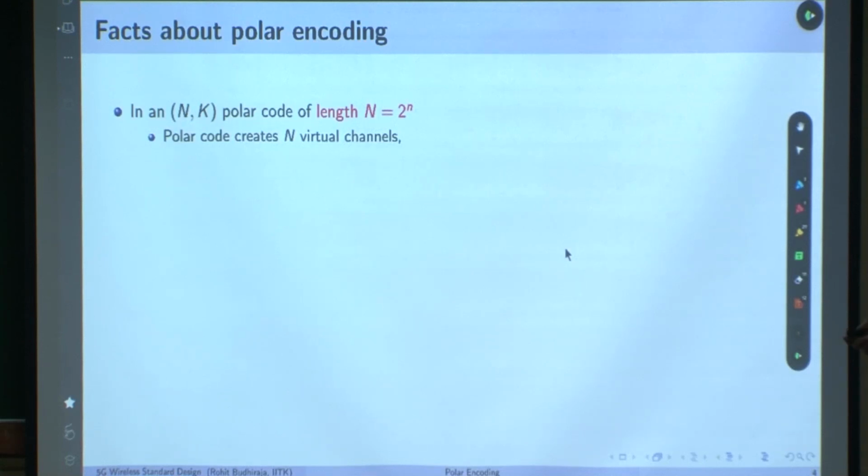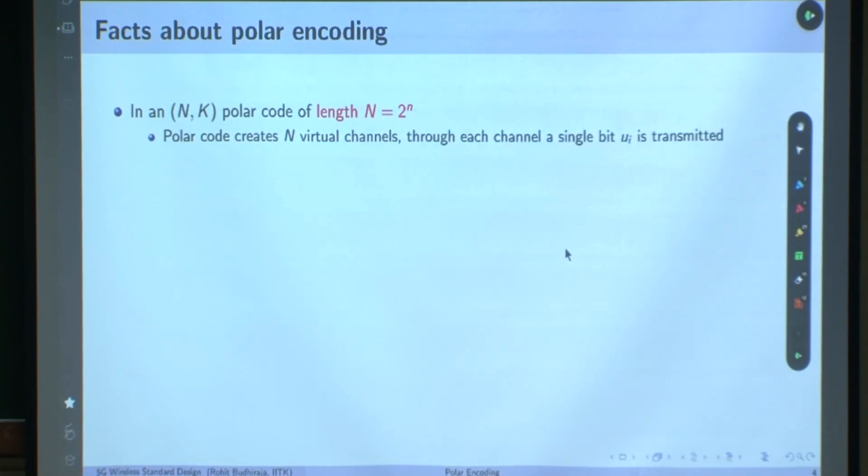That's the idea. Now, the way it is designed, the polar code, the way it encodes data, tries to create these N virtual channels. It's a philosophy. You are passing on these N bits, and the encoder is designed such that these N bits see different channels, and through each of these channels, a single bit is transmitted.